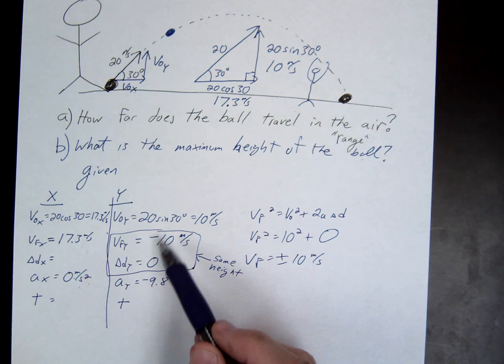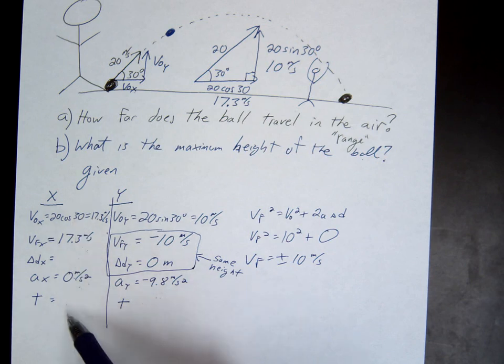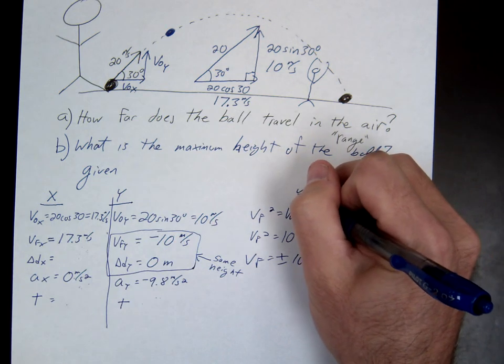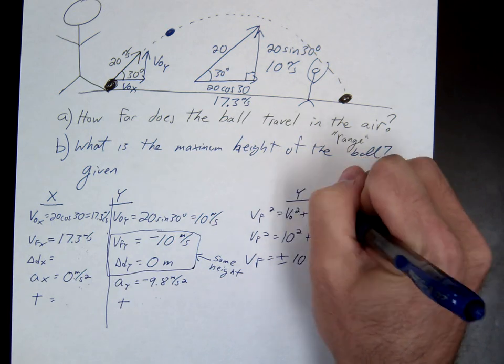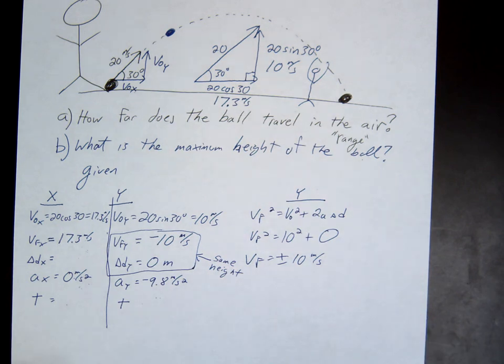We have 4 things over here, so we should be good to find the time. Once we know the time, we now have 4. So why don't you guys go ahead and do that? I'll do it up here as well, but go ahead and solve for the time. Make sure you're using your y variables for the time here.